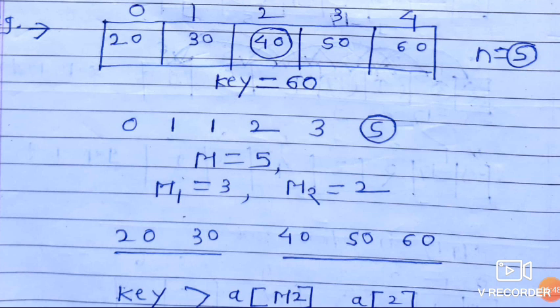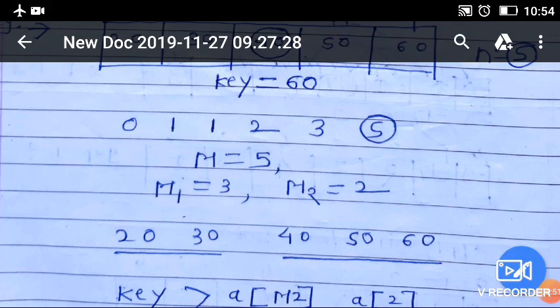Otherwise, the key value may be greater than a of m2 plus offset, and then we update m to be equal to m1. And if the key value is smaller than a of m2 plus offset, we update m to be equal to m2.